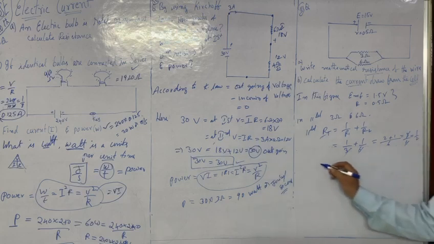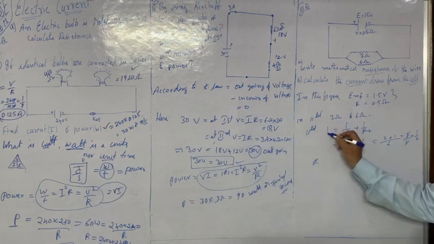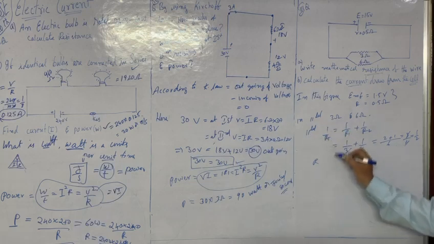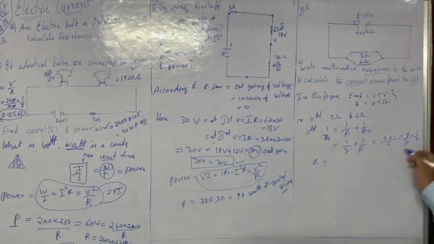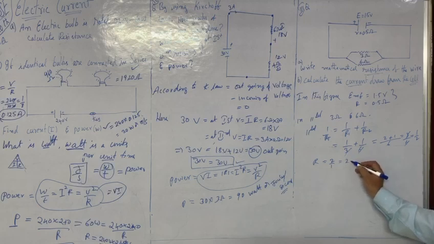So 1 by RT is 1 by 2, and the resistance is 2 by 1, which is 2 ohms.